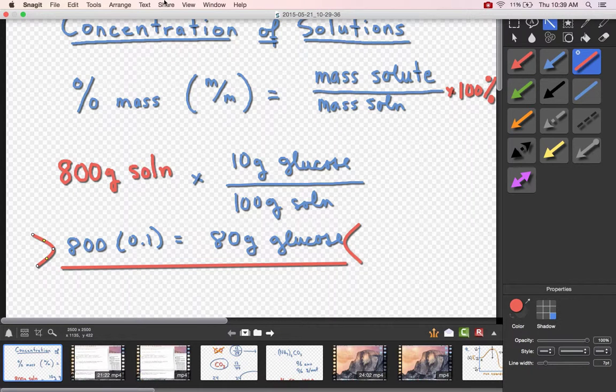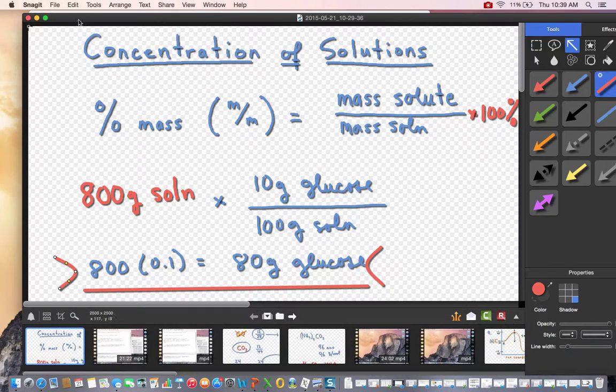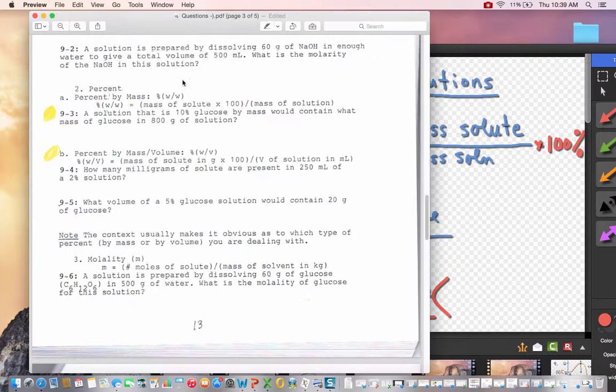Let's look at another one now. What volume of a 5% glucose solution would contain 20 grams of glucose? So when we're being asked for a volume, we need to make the assumption, in the absence of any other data, that the density is 1 gram per milliliter.